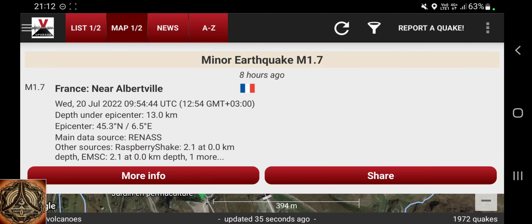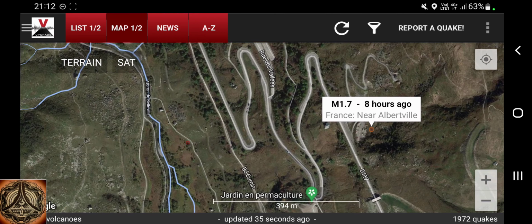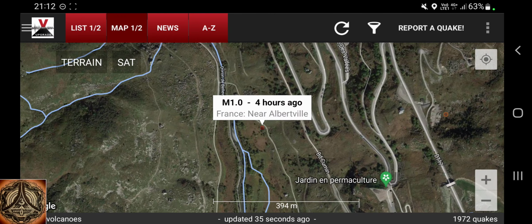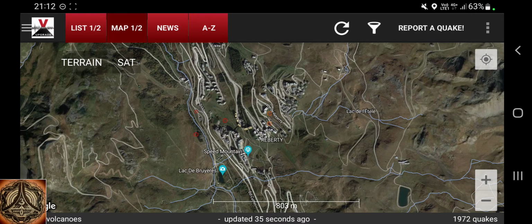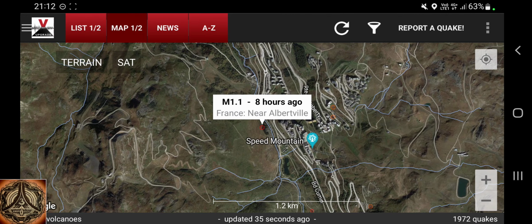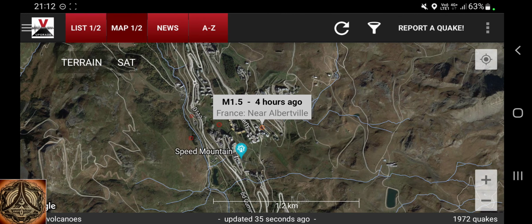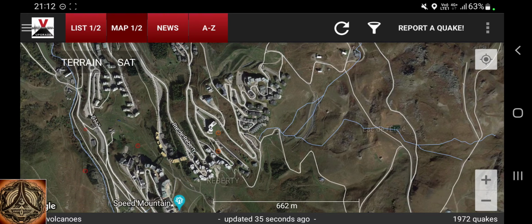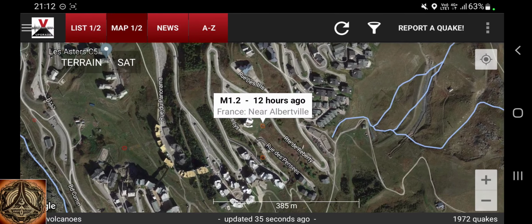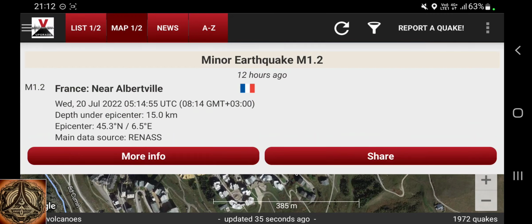Is this a deeper one? 13 kilometers, obviously. That's just 4 hours ago. 8. Is that a deeper one too? 13 kilometers. It seems to be orange, that's why. I think there's another one beside it. 15.